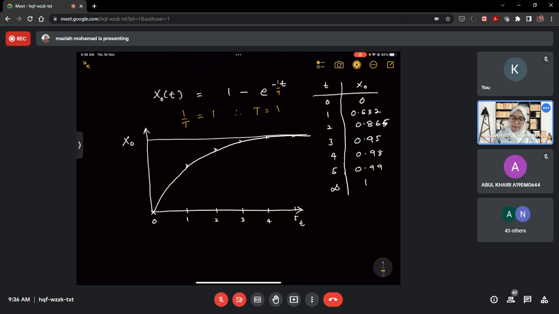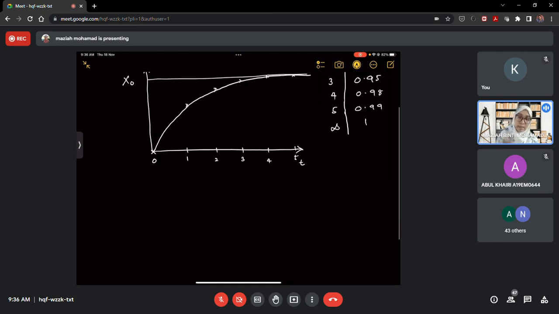The general transfer function is k over 1 plus ts. Here k is the static gain, or static transfer function. It explains the behavior of the system at the static region. The final value will depend on the value of k.